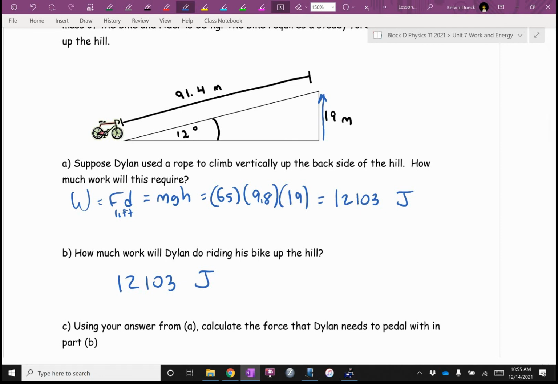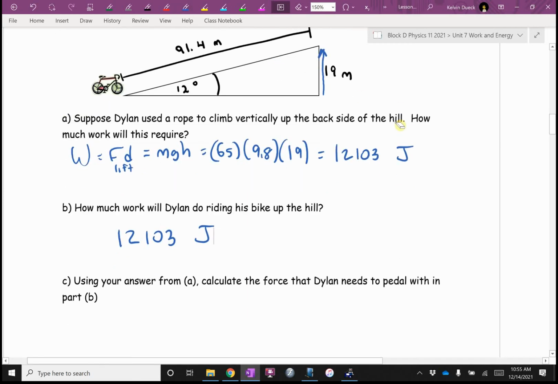Brea, what's C want me to find? Using your answer from A, calculate the force. My answer from A was work equals force times distance, but now they want me to find the force that Dylan pedals with.